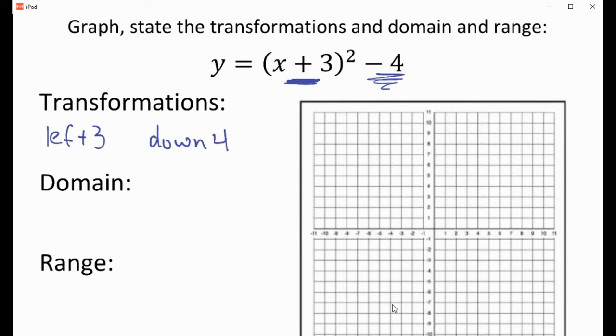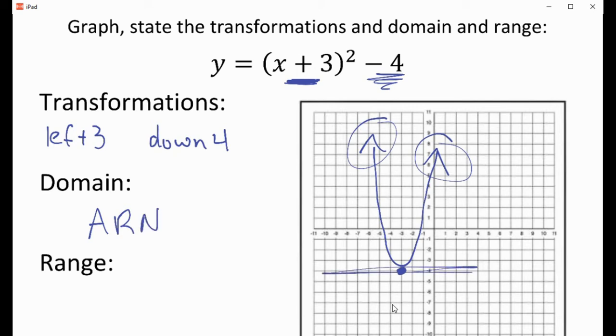So that would place our vertex at (-3, -4), and it's a parabola. As far as domain, it's how far left to how far right it goes, which in this case goes forever, so it's all real numbers. And the range, the lowest it goes, is -4, and since everything's above that, you would say y is greater than or equal to -4.